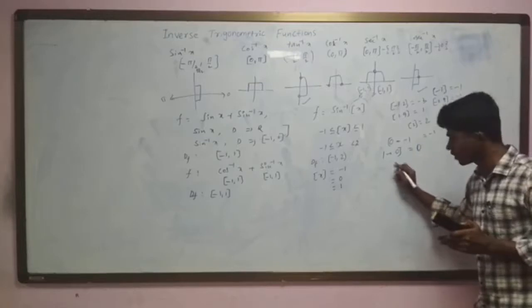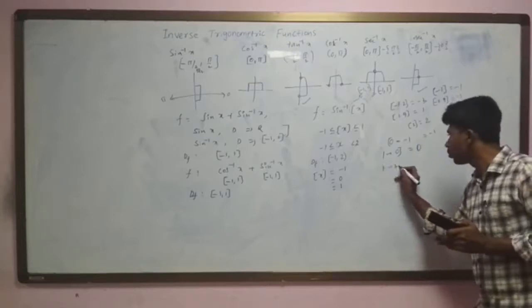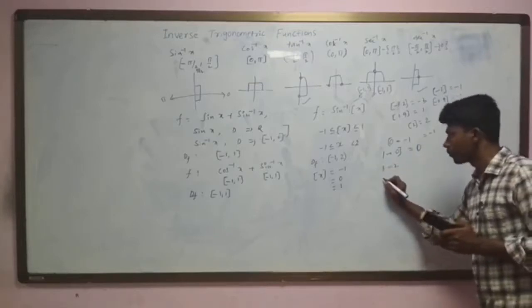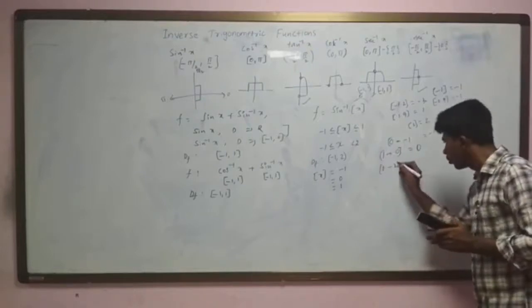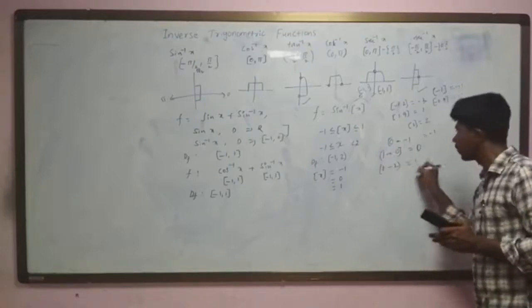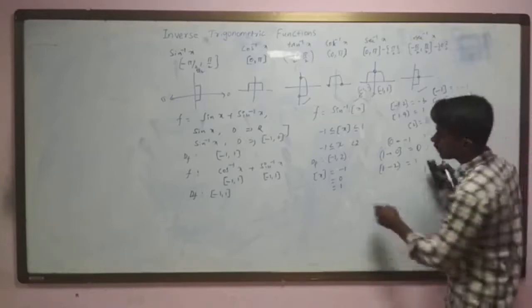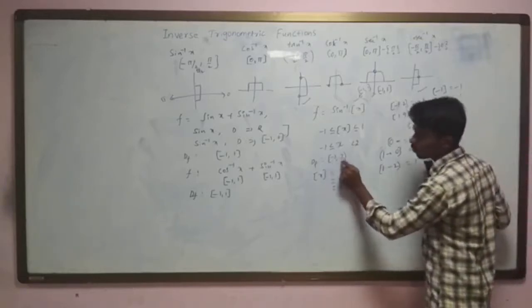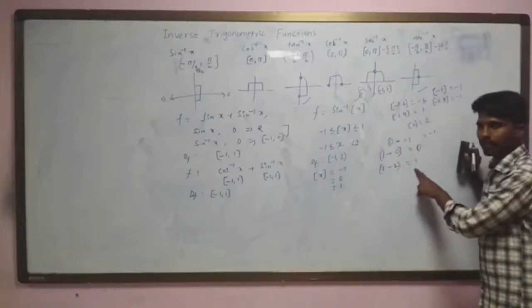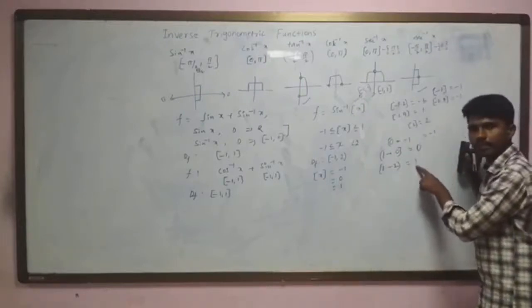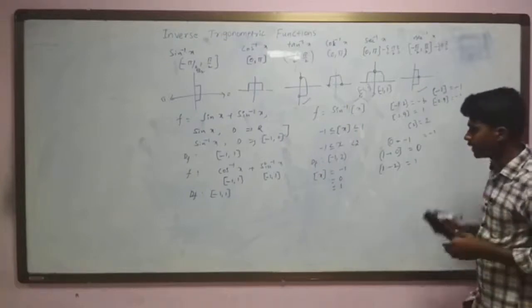From 1 to 2, 1 closed and 2 open, what will I get? 1. So even though my domain is from -1 to 2, I'll get only 3 values as my result. Therefore, what is my range?